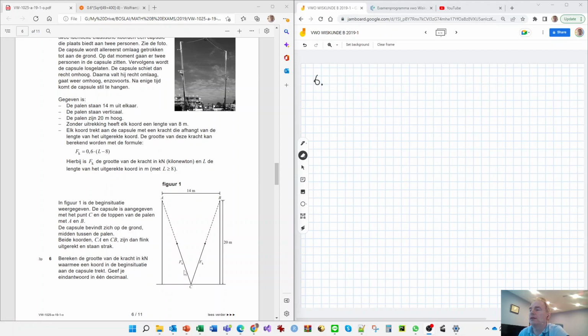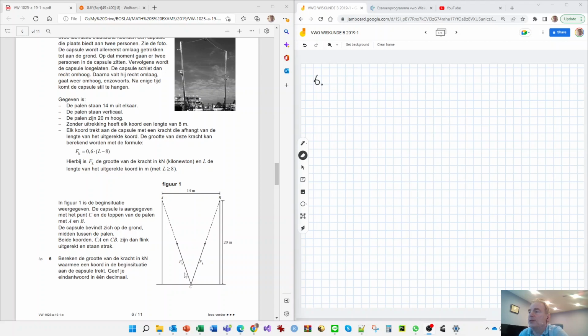So it's not the total force, but it's the force of each elastic rope. And here, F is the magnitude of the force, and L is the length of each rope.